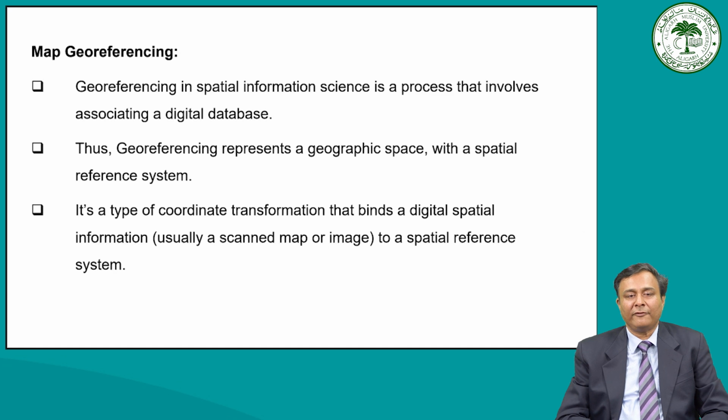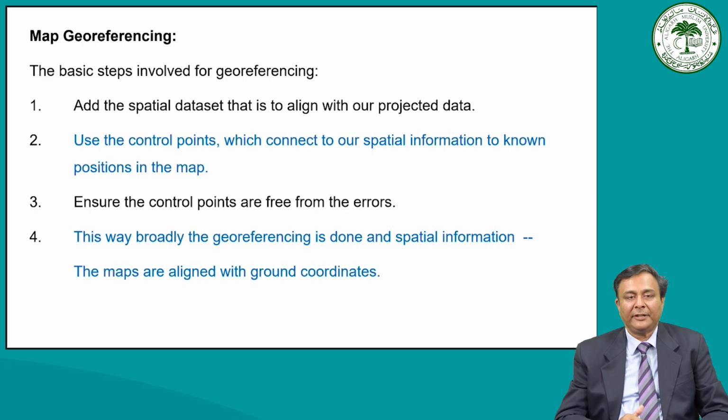Georeferencing in spatial information science is a process that involves associating a digital database. Thus, georeferencing represents a geographic space with a spatial reference system, which again we have discussed earlier, the different kinds of reference systems. It's a type of coordinate transformation that binds digital spatial information, usually a scanned map or an image, to a spatial reference system, and that way we georeference the maps.